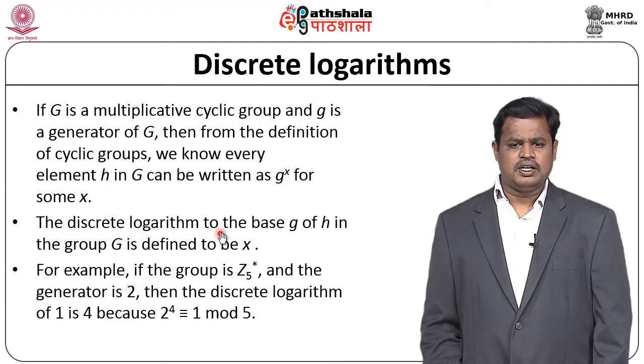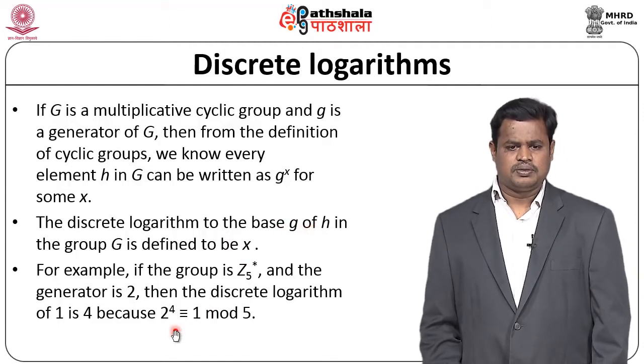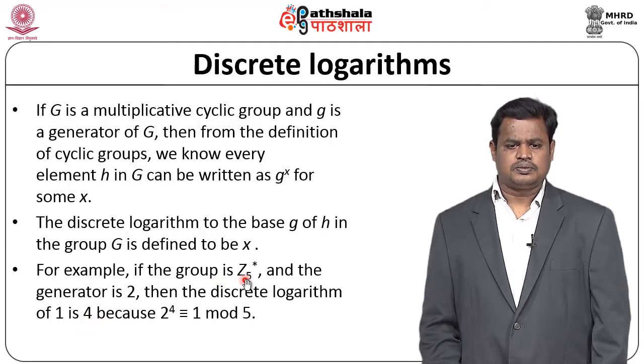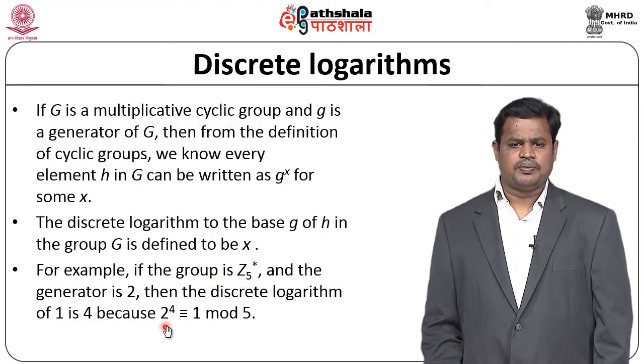G is 2, the base, and H is 1. Here the exponent is 4, congruent to 1 mod 5. So 2 power 4 is 16, and 16 mod 5 leaves a remainder of 1. So we can say the discrete logarithm of 1 is 4 with respect to the cyclic group where the generator is g.